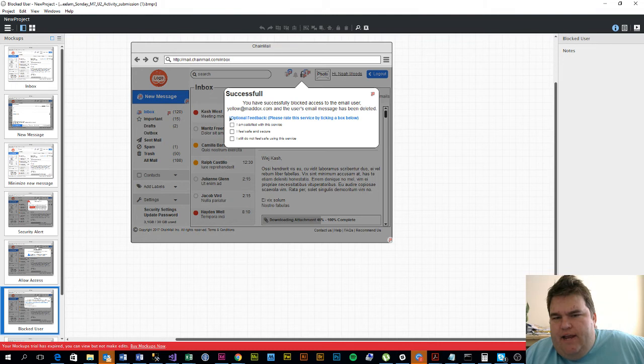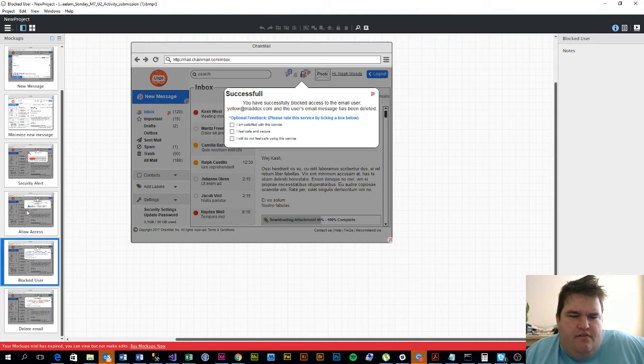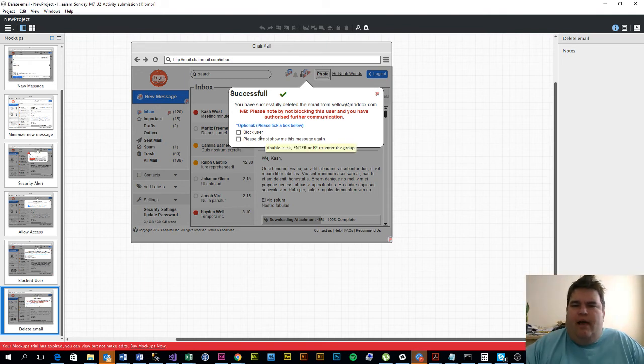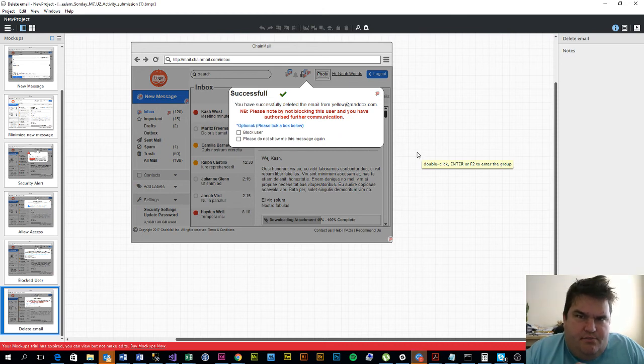What I thought was really good here was this optional feedback paradigm, so actually surveying the person after they've made a decision, a very good idea. And then successful here, and then again a further on survey. Getting that positive feedback loop, I think, is very, very important in terms of your design, but you should use it selectively and sparingly. You don't want to constantly be surveying the user about how they're using the application.